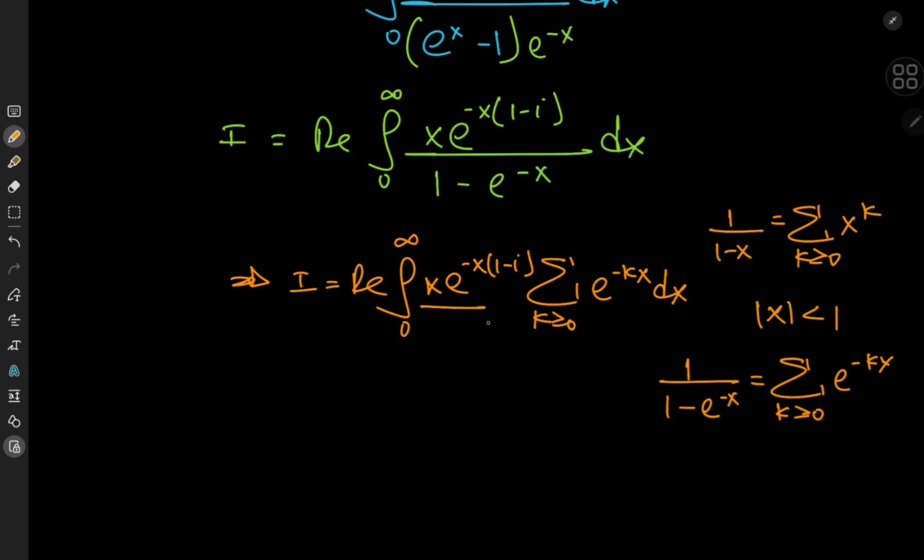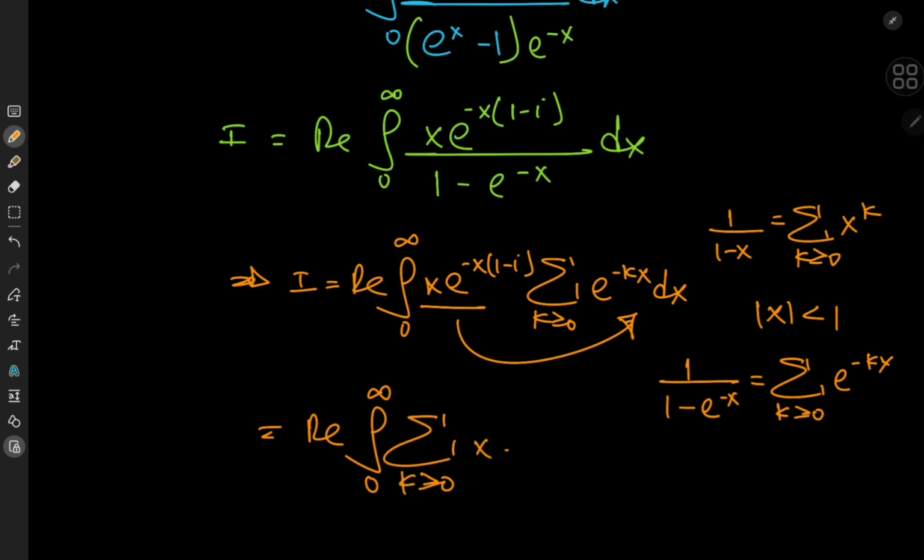And because these are independent of the index variable k, we can slip them inside the summation operator, and we now have the real part of the integral from 0 to infinity of the sum over k of x times e^(-x(k + 1 - i)) dx, again on multiplying the two exponential terms and factoring out negative x.